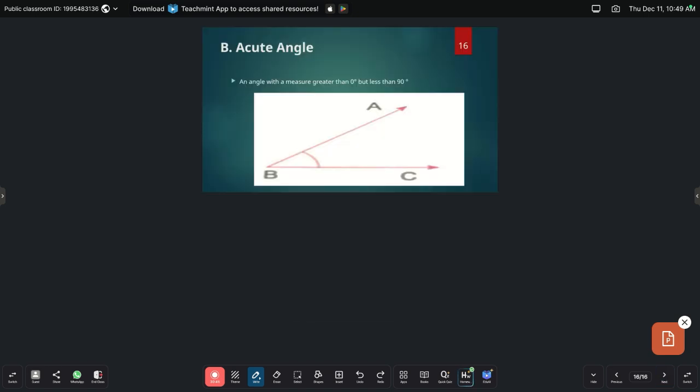Moving to the next type of angle, the acute angle. What is an acute angle? An acute angle is an angle that measures greater than 0 but less than 90.